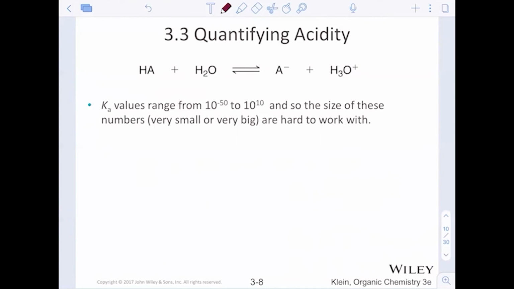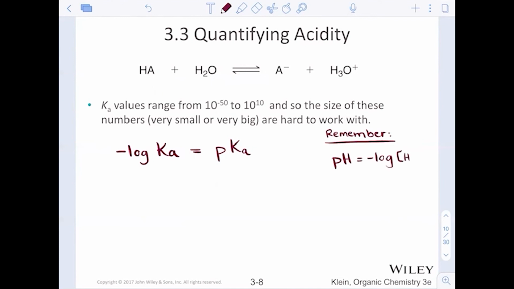So what we do instead is take the negative log of the Ka and we get something called a pKa. Let's take a walk down memory lane. A pH is the negative log of the H plus concentration, or the H3O plus concentration.